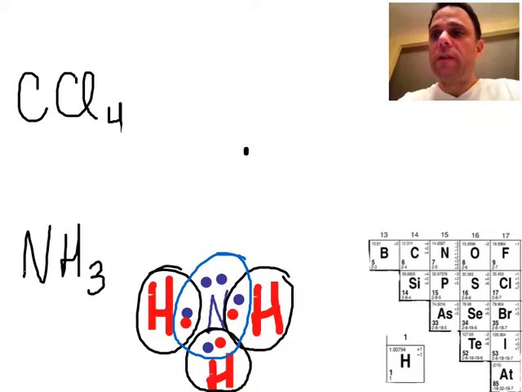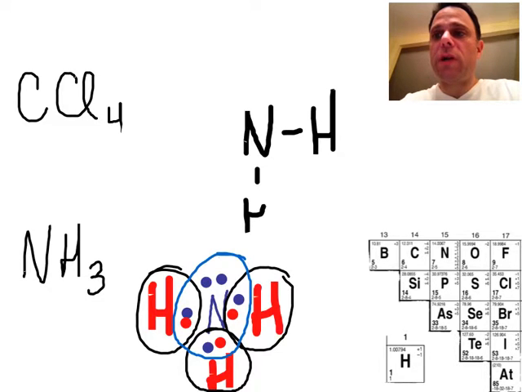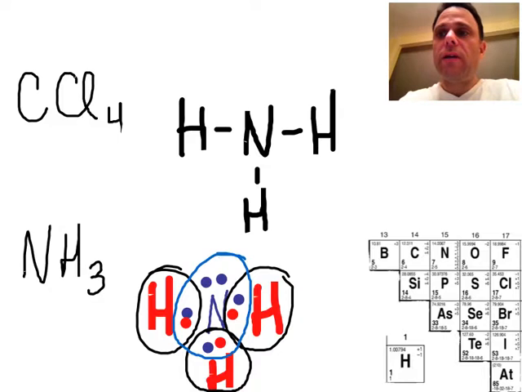This one looks like this. Nitrogen with a hydrogen, shared pair of electrons. Here's another shared pair of electrons to a hydrogen. And, well, that would be it, but we could also put in the 2 valence electrons that are free on the top end of the nitrogen.